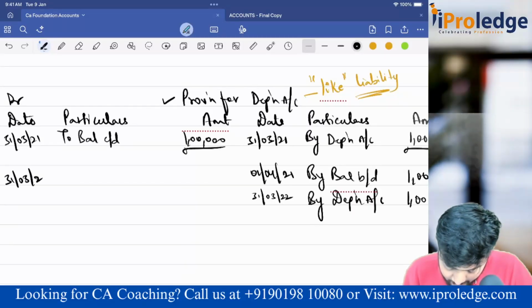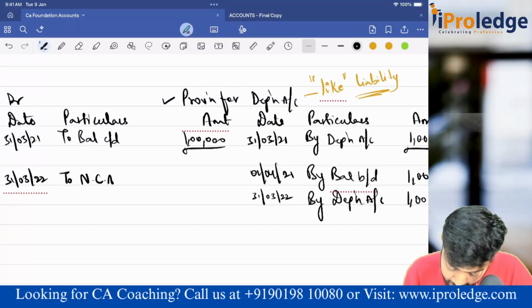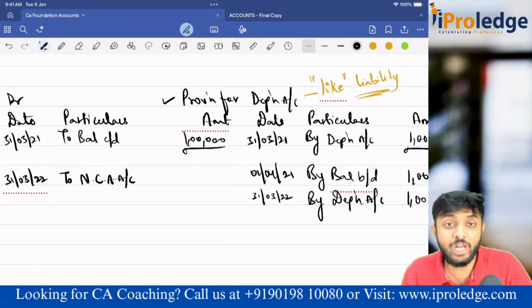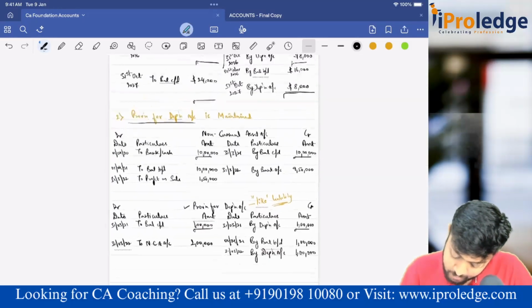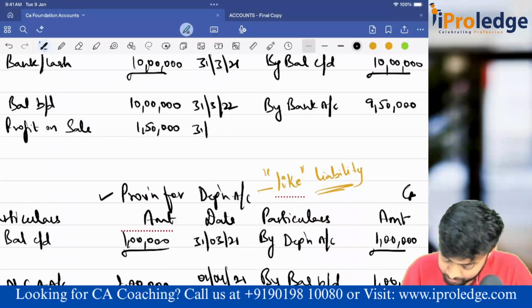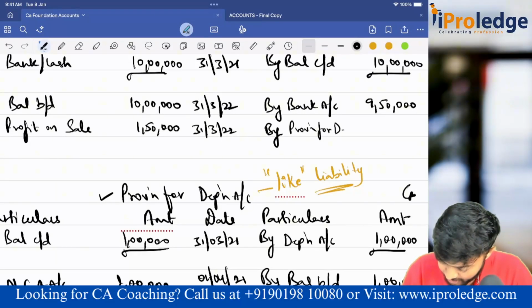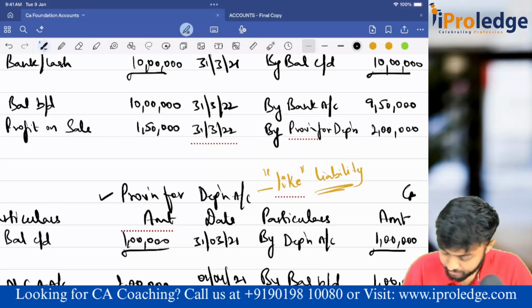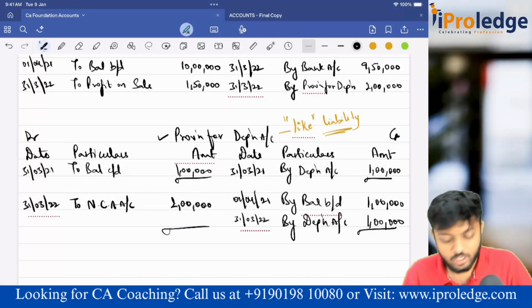On the date of sale, I am sending all the accumulated depreciation, 2 lakh, to the non-current asset account. So this account is automatically closed because all the depreciation is gone.